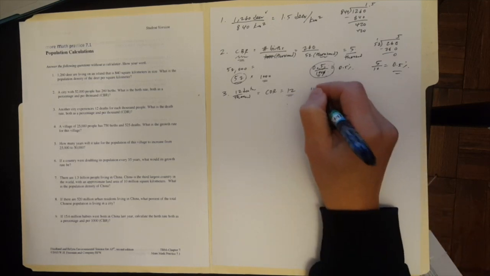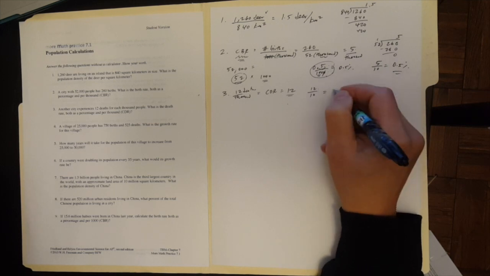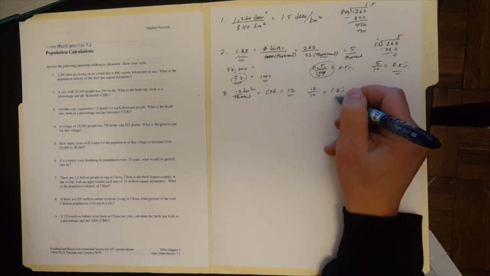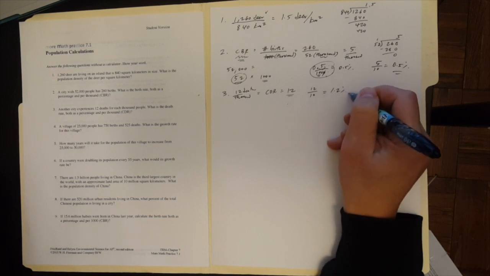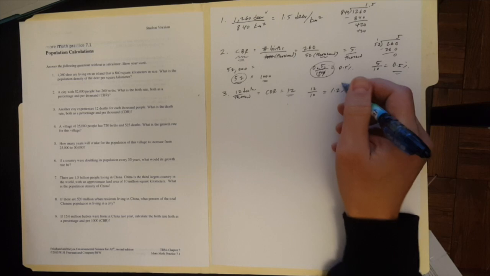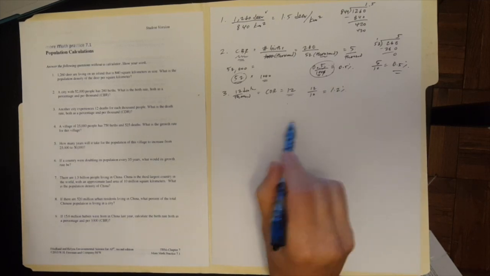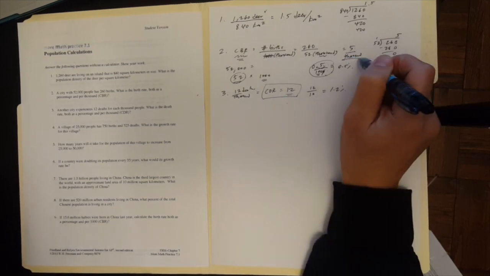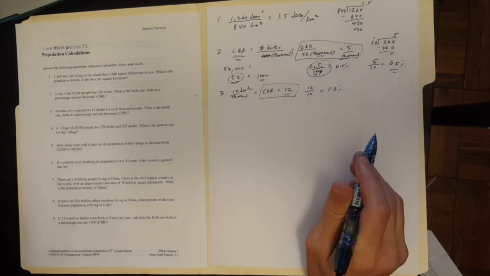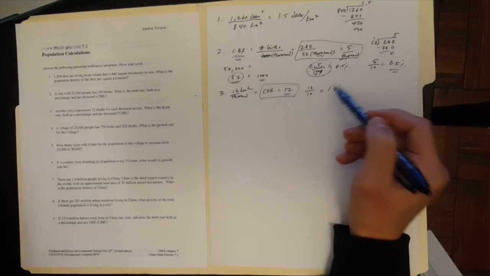So you just take 12, divide by 10, and that makes it 1.2 per 100, which is the same as 1.2%. I hope that makes sense. But at least you know how to calculate CDR and CBR, okay? Because they don't often ask for the birth rate as a percent or death rate as a percent.